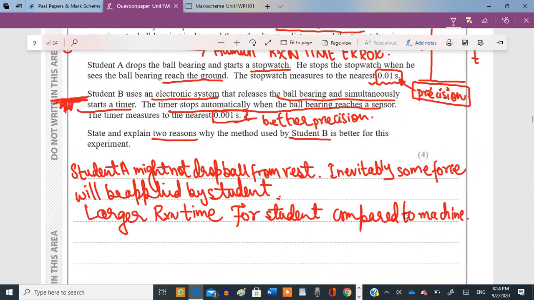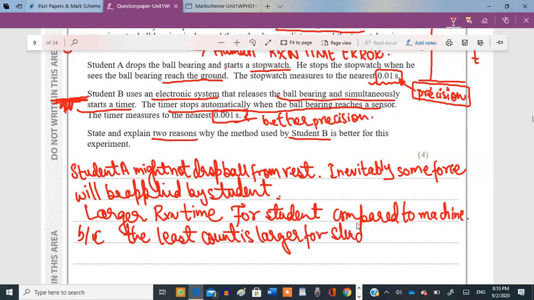Larger reaction time for the student compared to the machine, because the precision or the least count is larger for student A, sorry, not B, for student A. So the larger the least count, the greater would be the reaction time. Well, two are needed, so yeah, we've done the two.